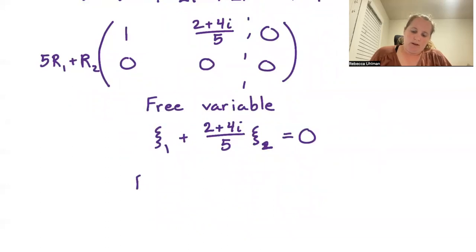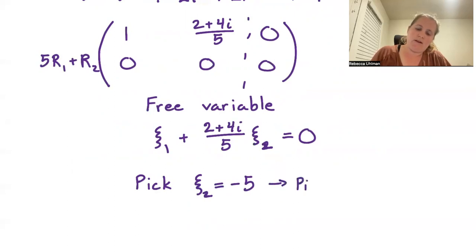So if we pick psi2 to be negative 5, then we get that psi1 would just be 2 plus 4i.